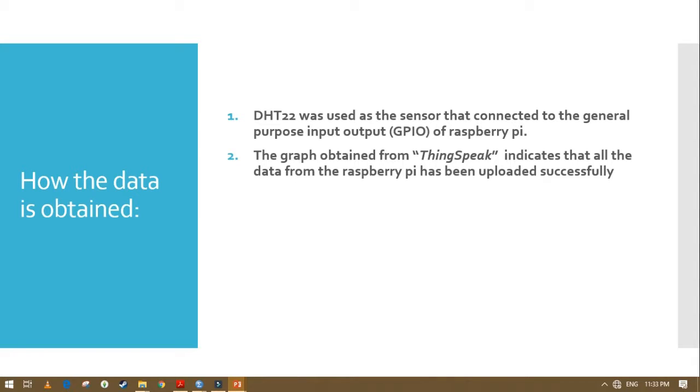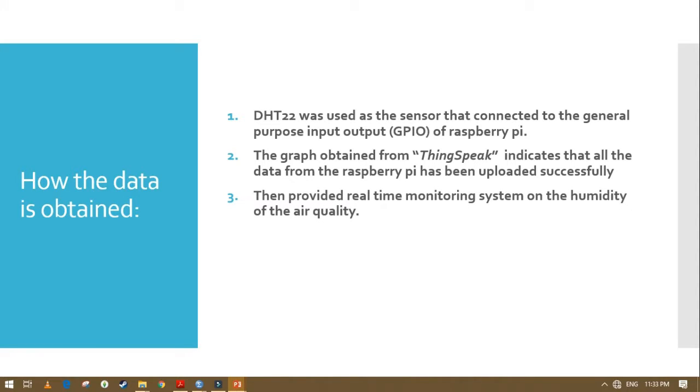The graph obtained from ThingSpeak indicates that all the data from the Raspberry Pi has been uploaded successfully to the ThingSpeak IoT and provided a real-time monitoring system on the humidity of the air quality. The graph result obtained from ThingSpeak will be shown in the figure on the next slide.